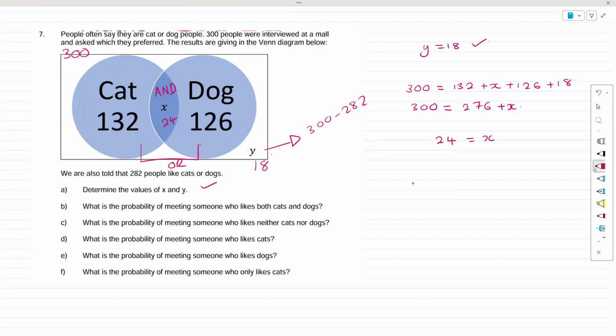That one's done. What is the probability of meeting somebody who likes both cats and dogs? The probability of dogs and cats is quite simple. This should be 24 over 300, and this would be 0.08.